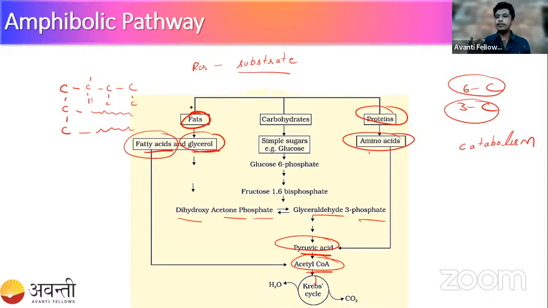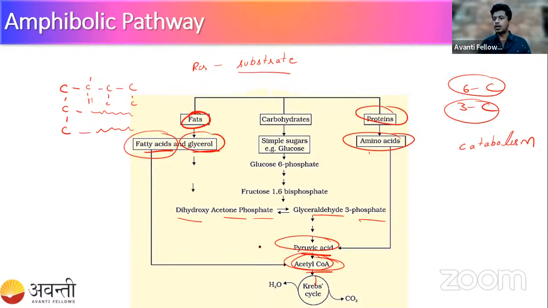Now, why do we even have the confusion to categorize the entire respiratory pathway as catabolic or anabolic? The answer is, if you look at how the production of fatty acids takes place, where did the fatty acid come from in the first place? Our body, to synthesize fatty acids, directly uses acetyl-CoA. You see my point?